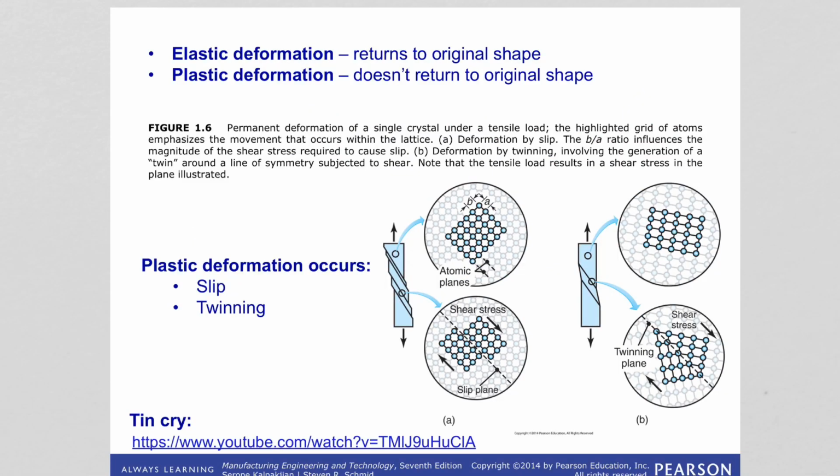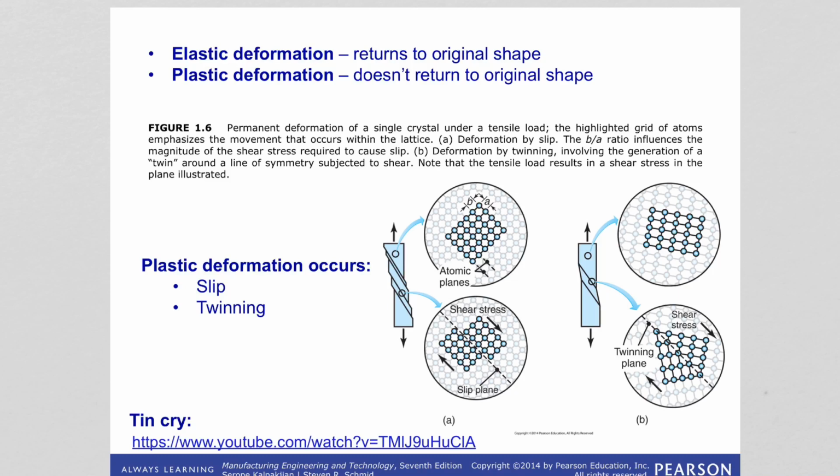So when a material is subjected to external force, it first undergoes elastic deformation. What we call elastic deformation is when we actually remove that force, it can go back to its original shape.